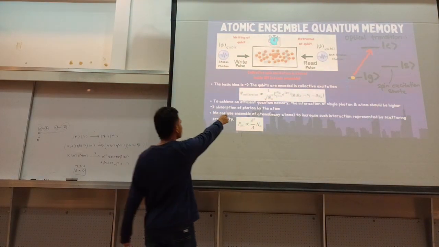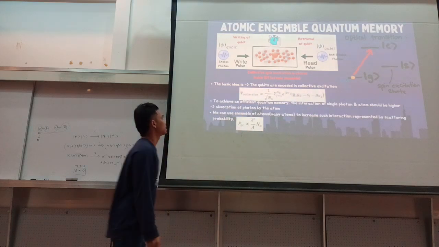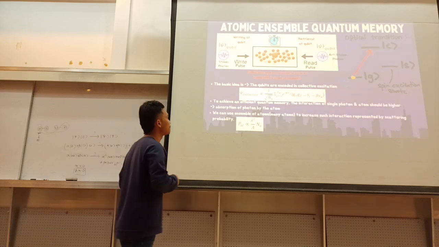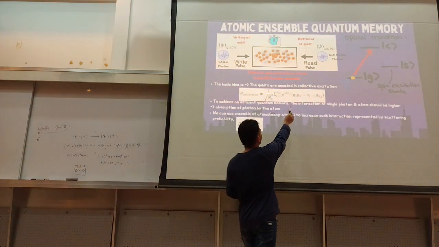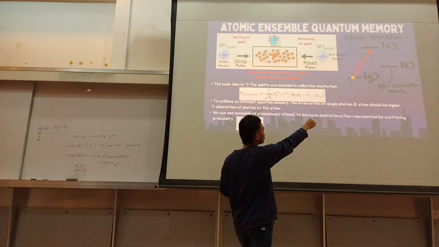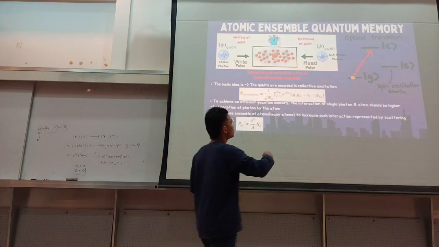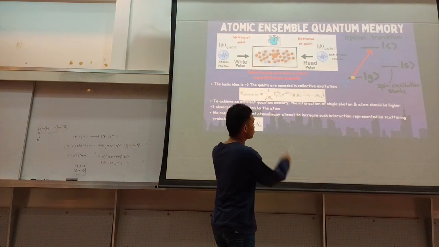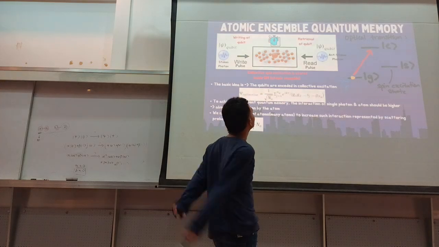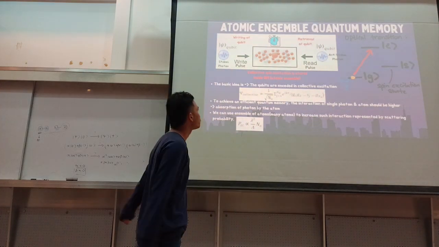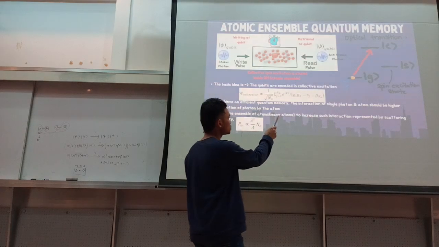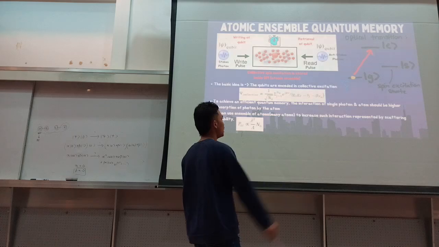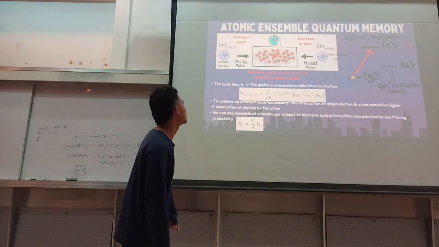This equation describes the collective excitation, which I will explain specifically for DLCZ. All of the atoms are in the ground state, but only one gets excited, denoted by S. I think this is EJ, not SJ. SJ is for DLCZ, so this is just in general for atomic ensemble. And we are going to store our collective excitation in the S state of that spin excitation state.